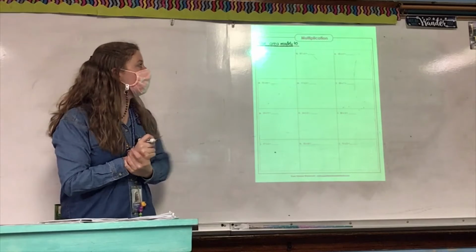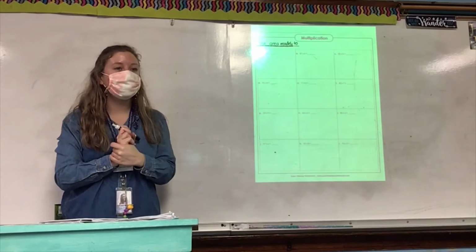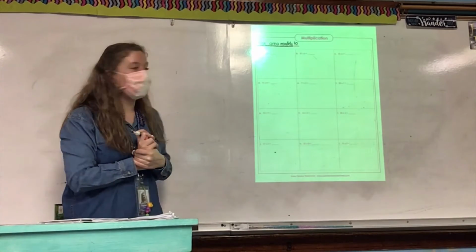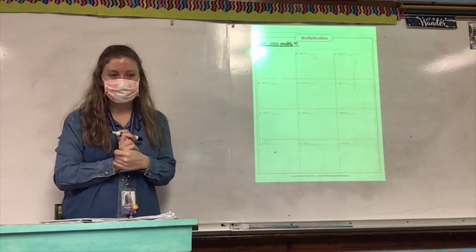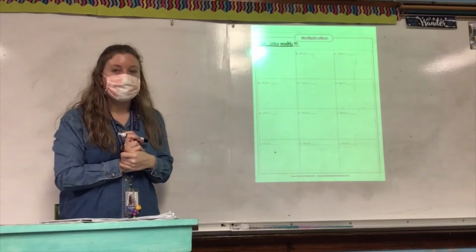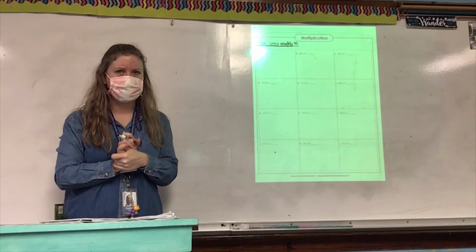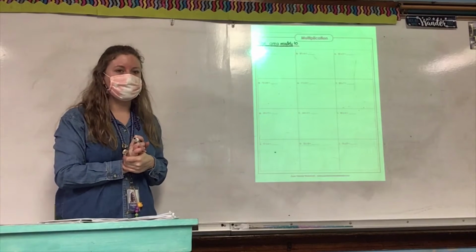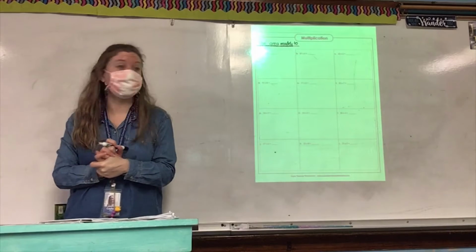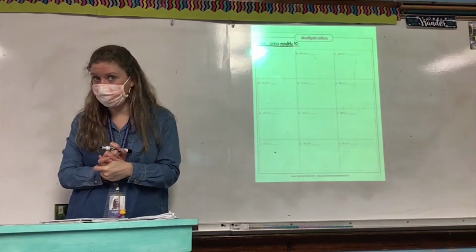So instead of rewriting each problem vertically and solving, we are using area models to solve. Those are the new directions. Because it's really hard to find an area model worksheet that doesn't already have the boxes for you. And I want you to start from the very first step.